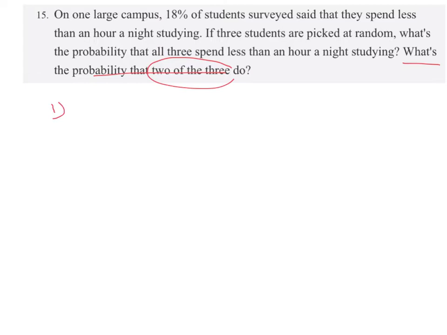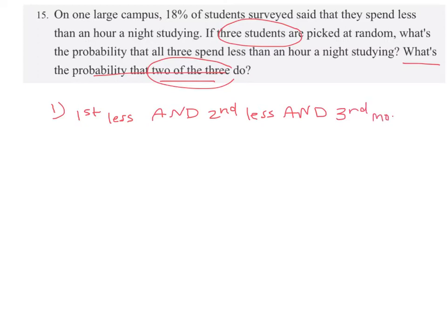So one outcome is the first spends less than an hour studying and the second spends less than an hour studying, and now the third student, because remember we are picking 3 people, so it says 2 of the 3. So we could have the first one be less and the second be less and the third would then be more.